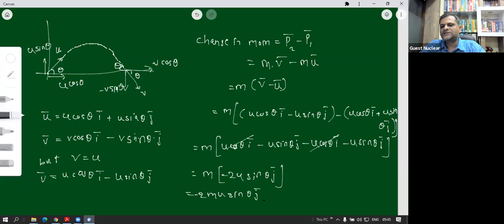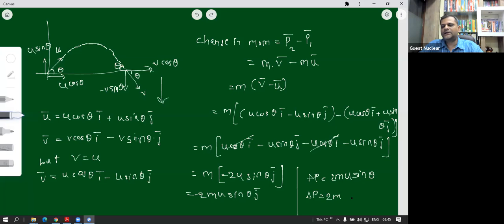And here minus j bar shows that this change in momentum is directed downwards, in the negative direction of the y axis. And in magnitude, the change in momentum will be simply 2mu sin theta. No need to take this j bar as well as the minus sign because they show the direction only. So this is 2m into u into sin theta.